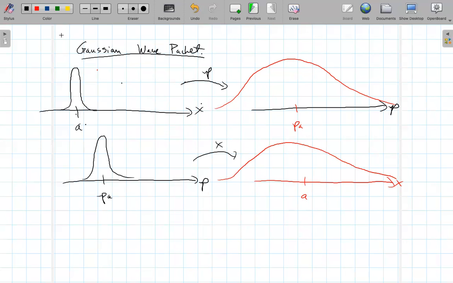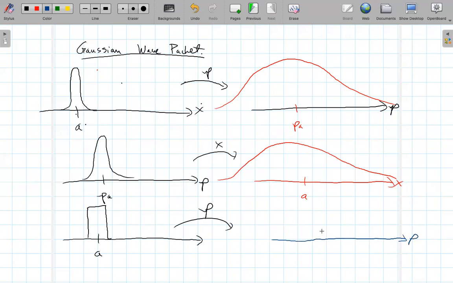Other consequences of Fourier transforms: if I took something which was, say, square. So if I had something that was well localized but happened to be a rectangle at some position A, when I Fourier transform this into momentum space, what happens in this case is I actually get ringing.